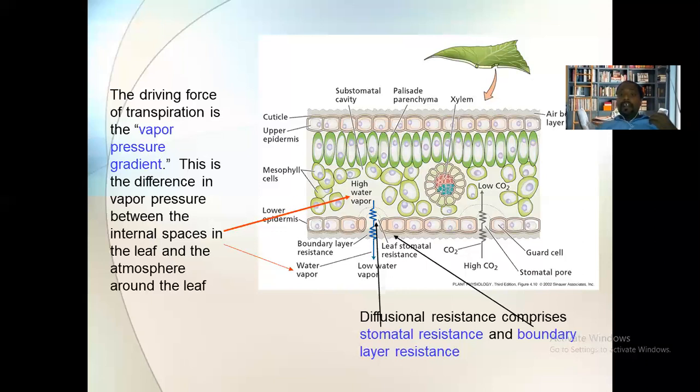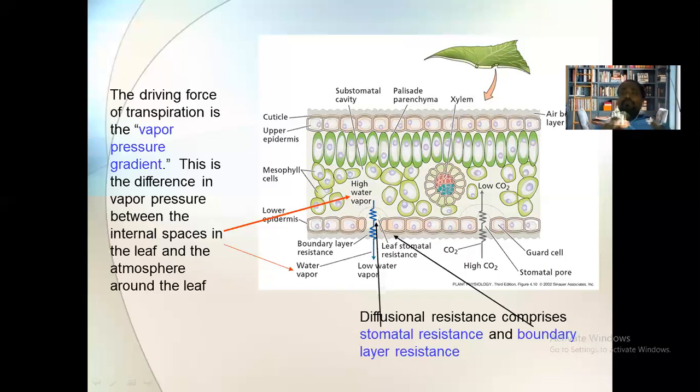Getting it? And at the same time, when the stomata opens, water from the intercellular spaces comes out into the atmosphere. At the same time, the concentration of CO2, carbon dioxide, in the leaf is low, and the concentration of CO2 in the atmosphere is high. So by the simple process, that is simple diffusion, the CO2 also from the atmosphere enters into the leaf through the stomata.